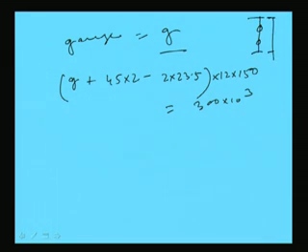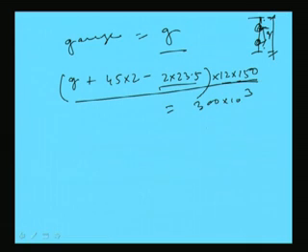So, if we assume this is G, then G plus the edge distance 45 plus 45 minus the holes, 2 rivets being provided in one line, so minus 2 into 23.5 into thickness, thickness is 12 and allowable stress is 150. So, this is the force which can be taken by the plate, and this is the force which has to be taken, that means applied force is 300 kilonewton.